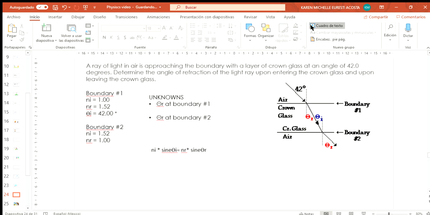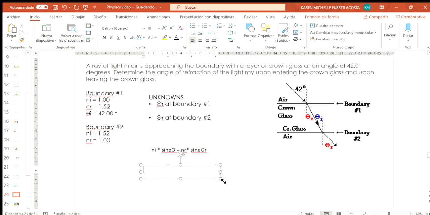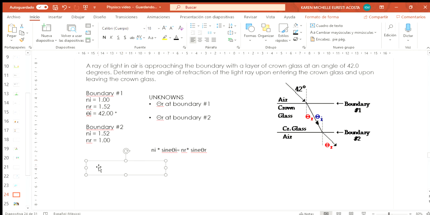So we first replace all of the values. We're going to do boundary one first.